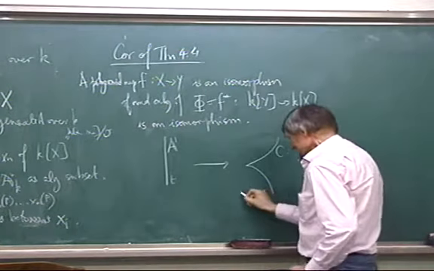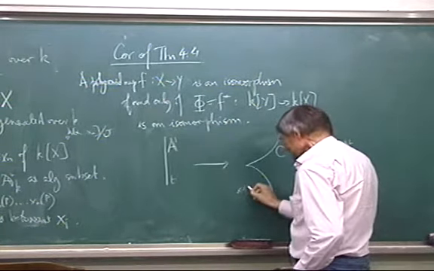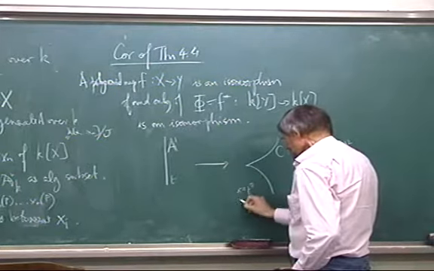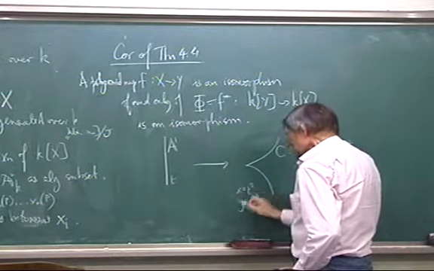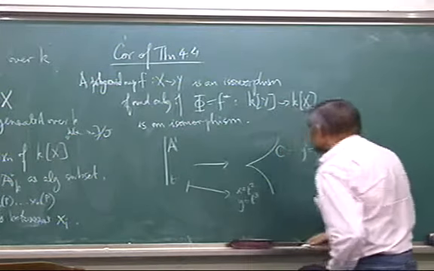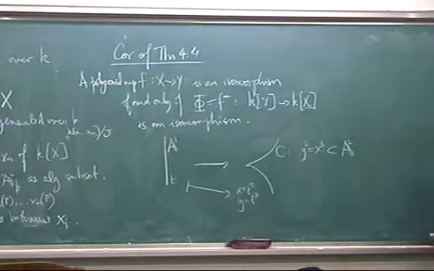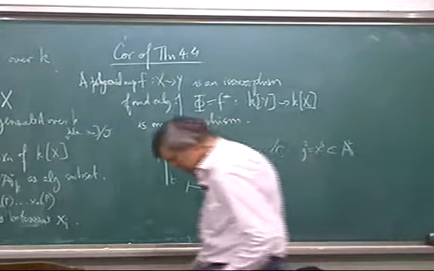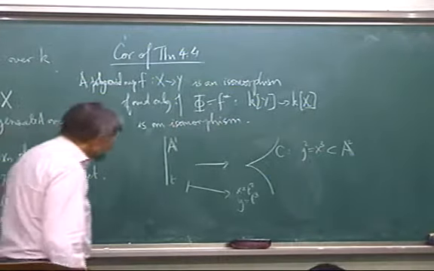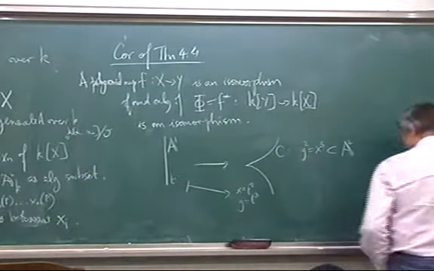So this map is mapping to x equals t squared and y equals t cubed. Is this map an isomorphism?